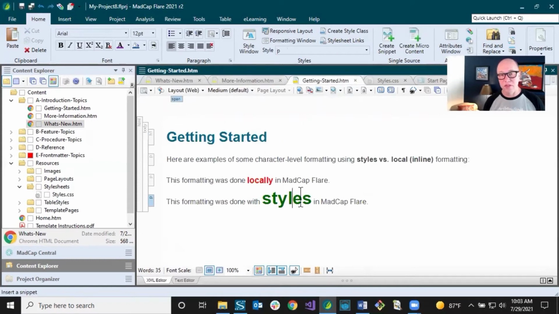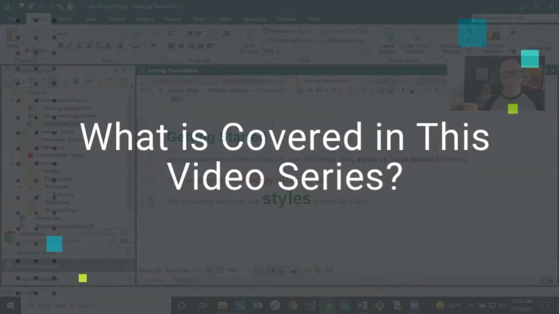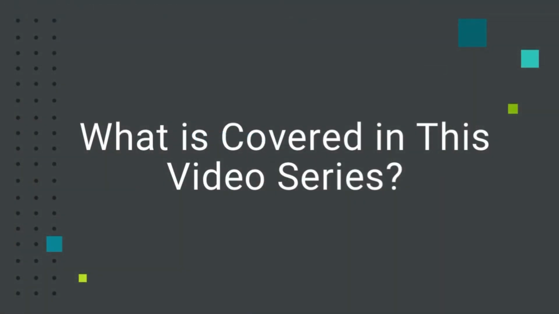So if I've got thousands of topics, it's all changed just like that. So much easier and smarter to maintain that way. That's the difference between local or inline formatting and styles, and why you should always use styles unless you have a very, very, very good reason for doing local formatting.